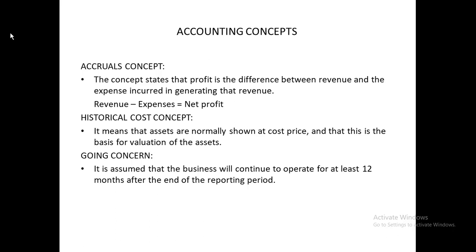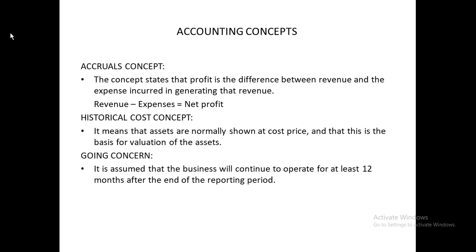That's the accruals concept. The next one is the historical cost concept. Historical cost concept means that assets are normally shown at cost price. When we are recording the assets, normally the non-current assets, they are recorded at cost price always.